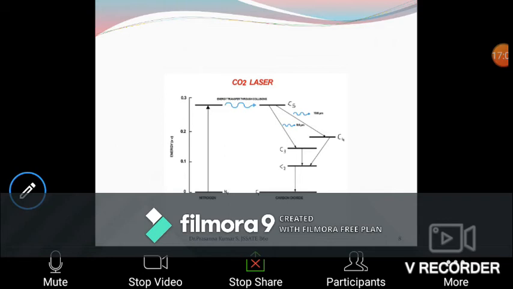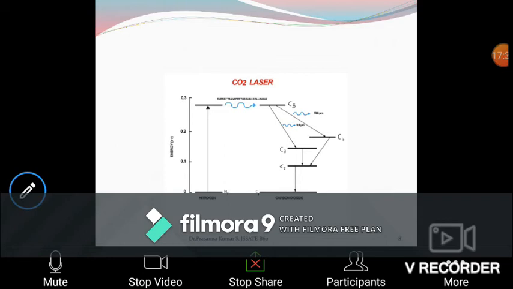Another nitrogen atom picks up energy, goes to N2 and drops its energy at C5. Within a small fraction of time, a large number of atoms will be sitting at C5.